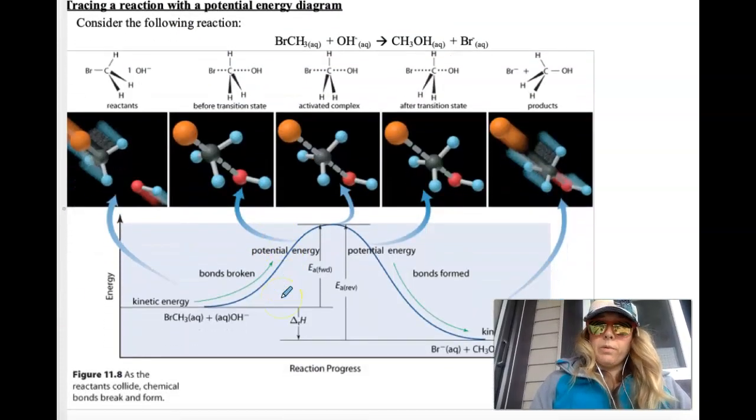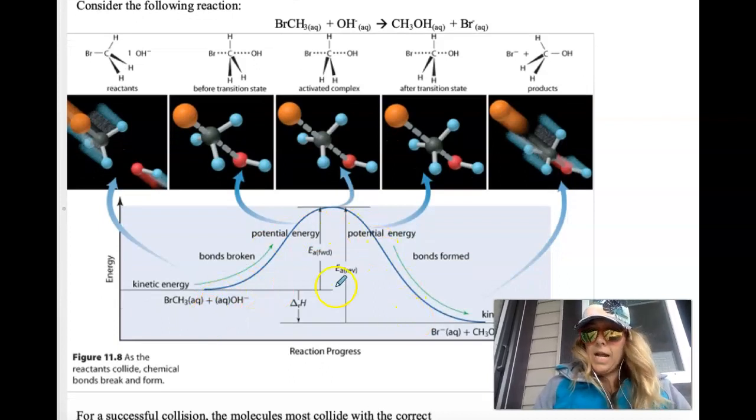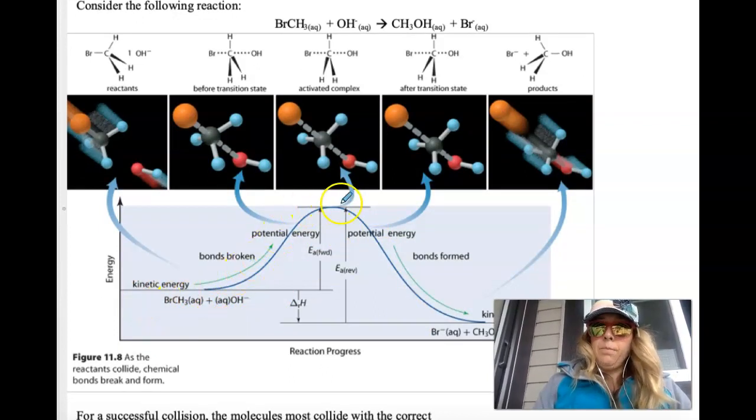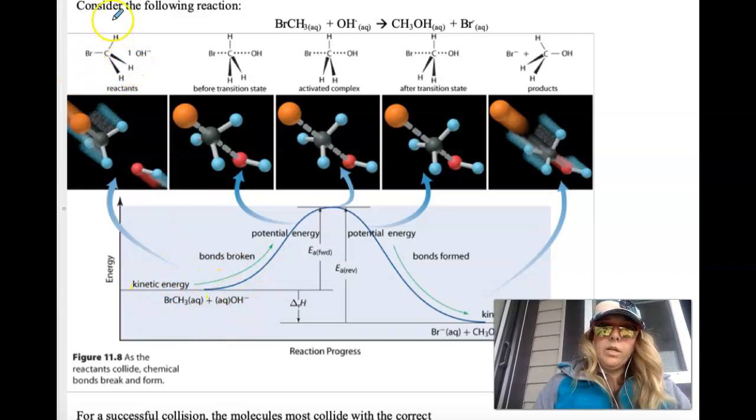So here we break down this reaction a little bit more. You can see what is happening as we migrate up the hill and then down the hill. Here we start with our reactants. They're two totally separate molecules. So here's my bromomethane, here's my hydroxide ion. They are two separate things.